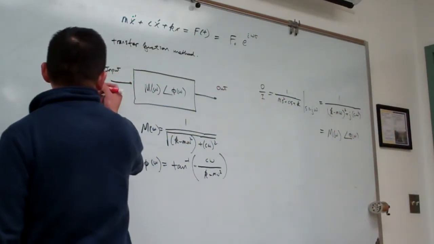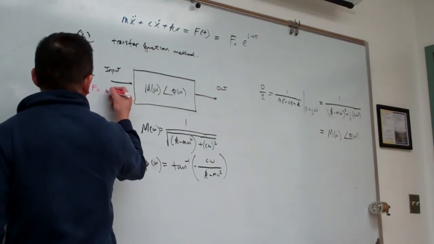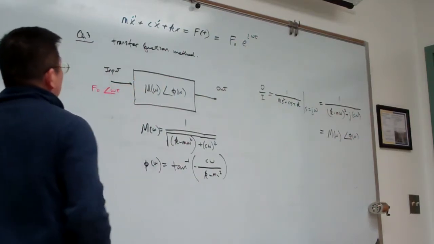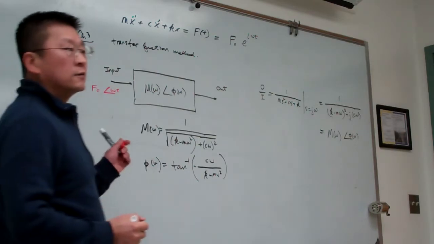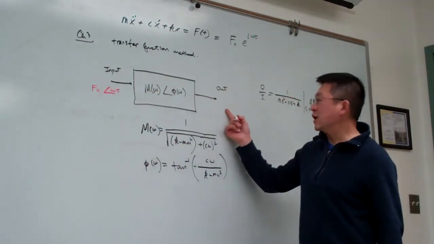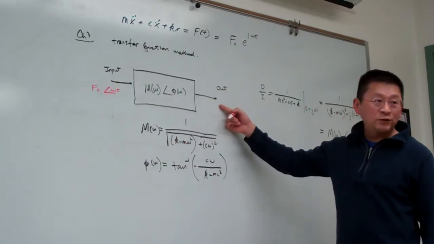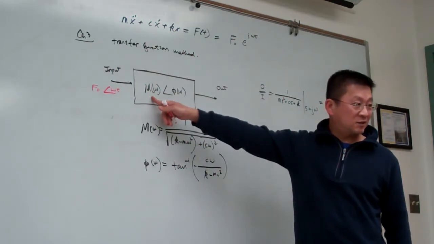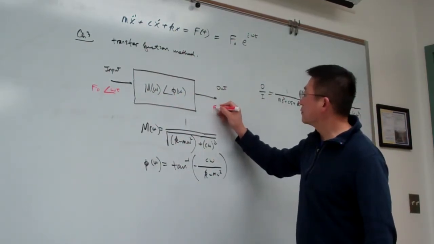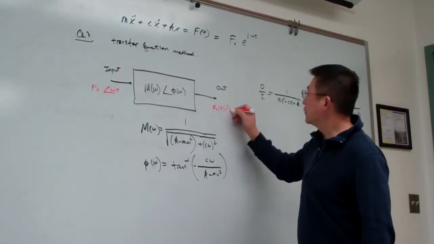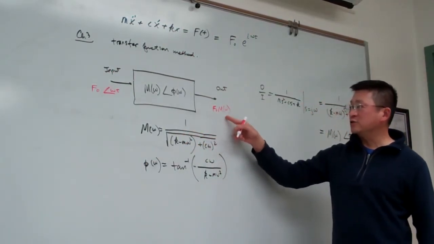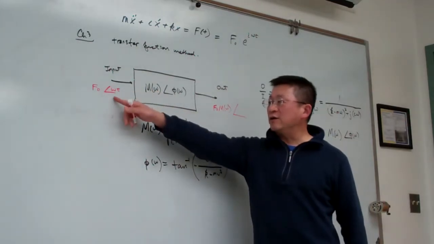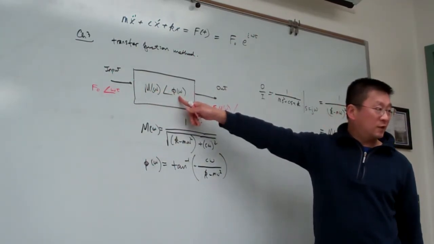For chapter 3, we have learned this is F0 e^{i omega t}, so the phase angle is omega t. That is our input. So the output has a magnitude equal to the magnitude of the input multiplied by the magnitude of the system. The phase angle of the output equals the phase angle of the input plus the phase angle of the system.